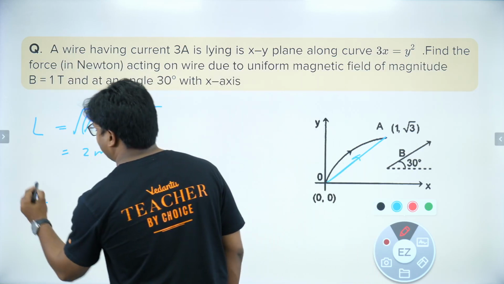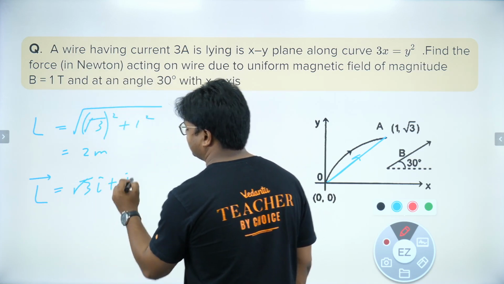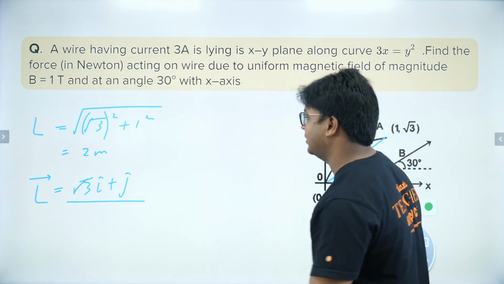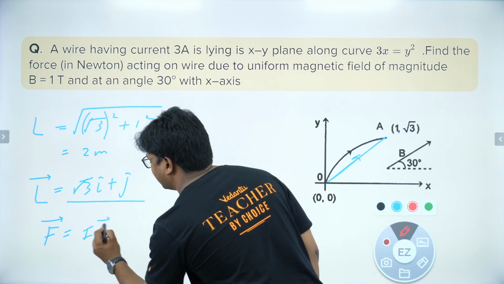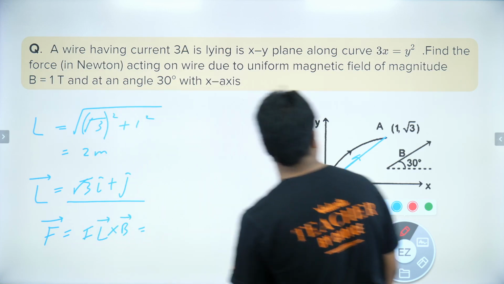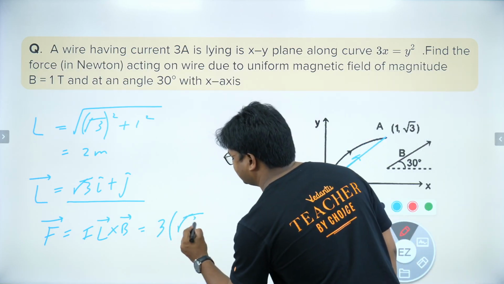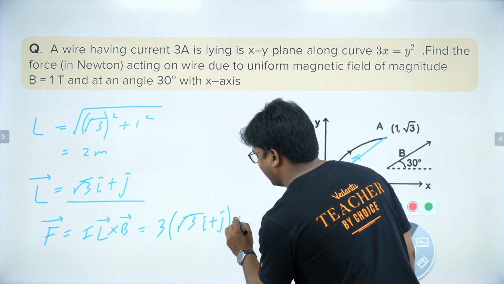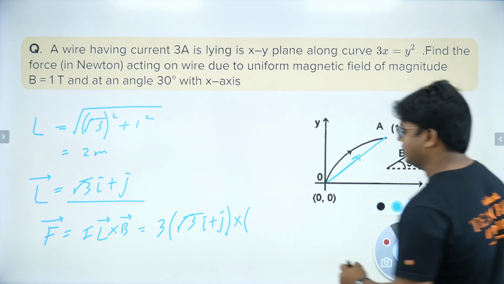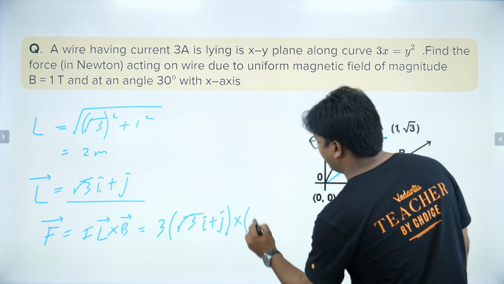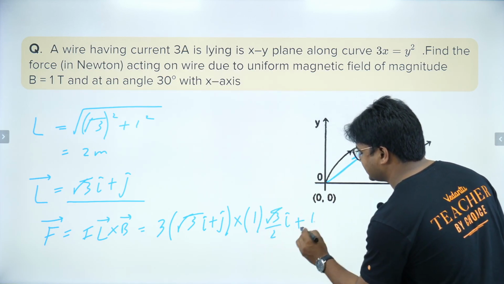In fact, if I want to write L as a vector, I'm going to write it as root 3 i plus j. So this is how I'm going to write the length vector. Now force is given by I into L cross B. I is 3 ampere, so 3 into L, where L is root 3 i cap plus j, cross B. B is acting at an angle of 30 degrees, so I'm going to write B as 1 Tesla into cos 30 i cap plus sin 30 j cap.